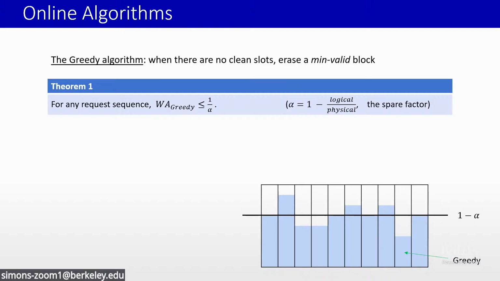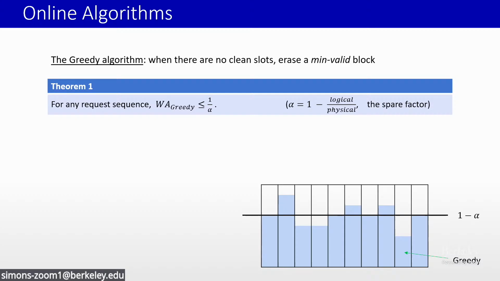Okay, the greedy algorithm. Let's say we're in the online setting. We don't know which future writes will arrive. So we run out of space in the SSD. What are we going to do?